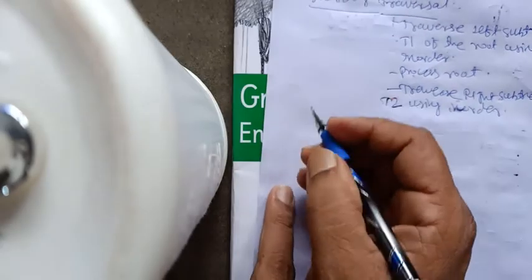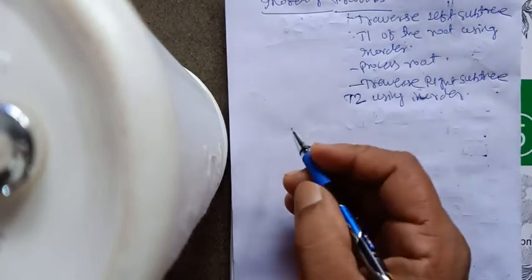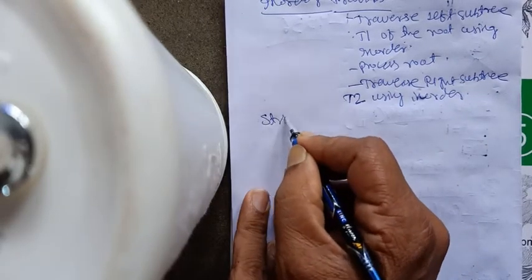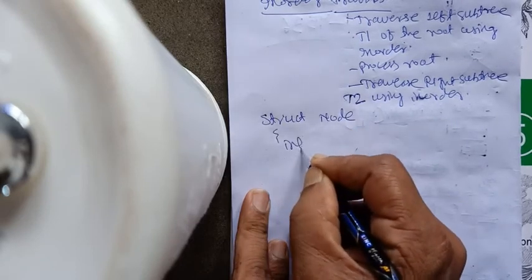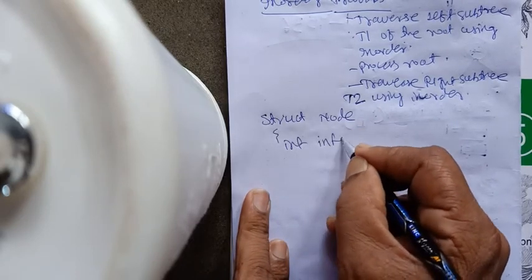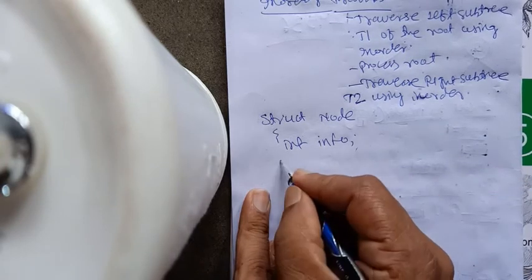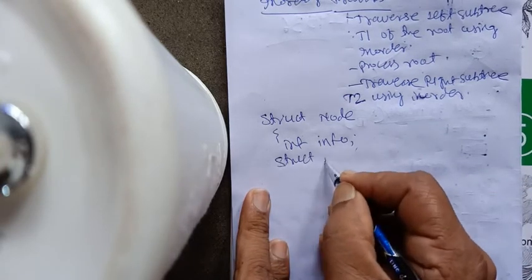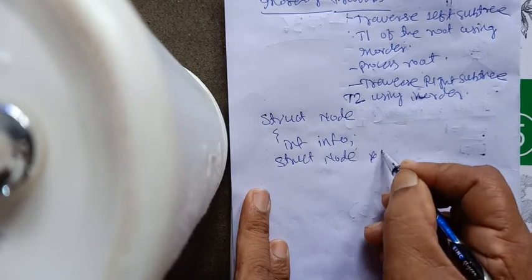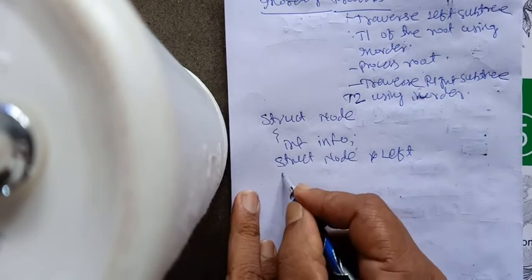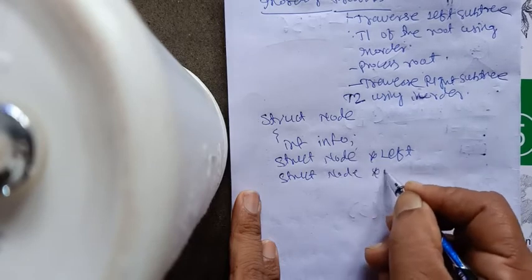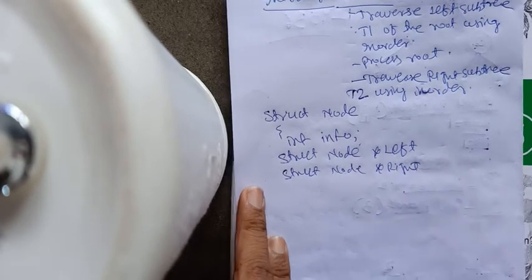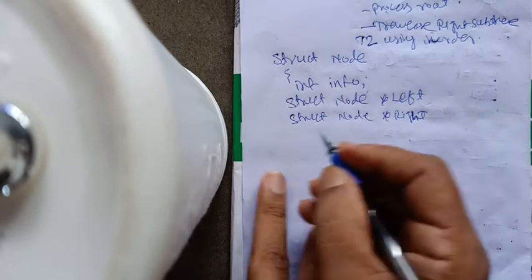So first we need to represent the structure of a single node. Struct node: int info, this is the info part of a single node. Then struct node asterisk left, struct node asterisk right. So left and right is over.